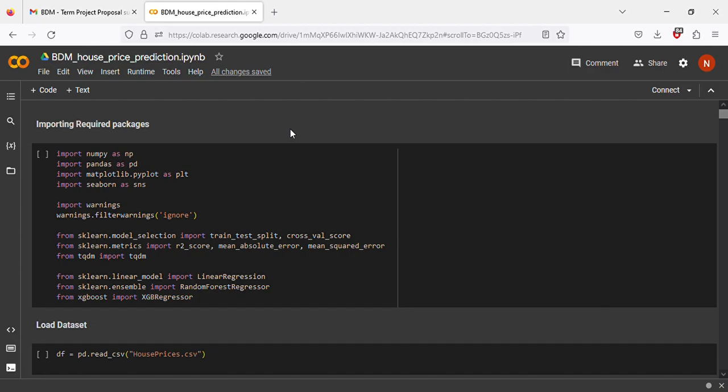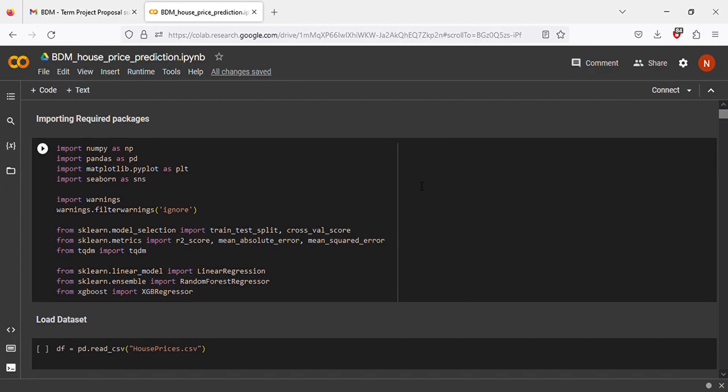Let's have a look at the code where my friend Dheeraj will take us through the code and explain the business implications. Hello. So we have designed the code structure in such a way that in the beginning we have imported the packages and libraries required for this project.